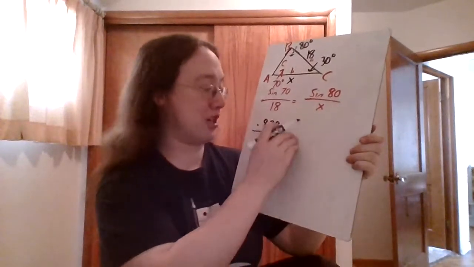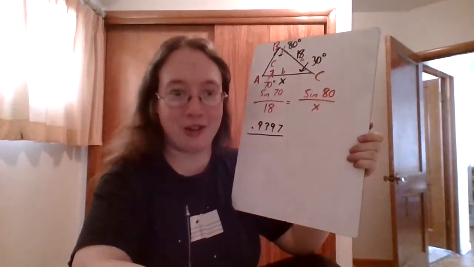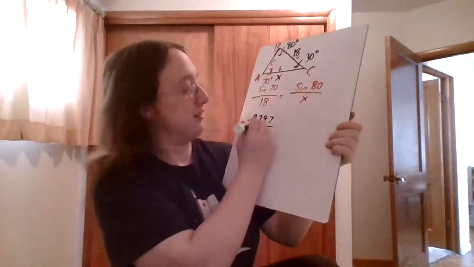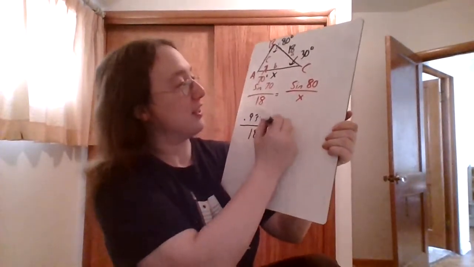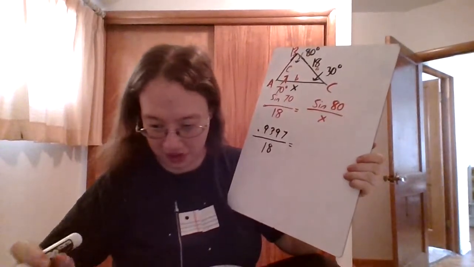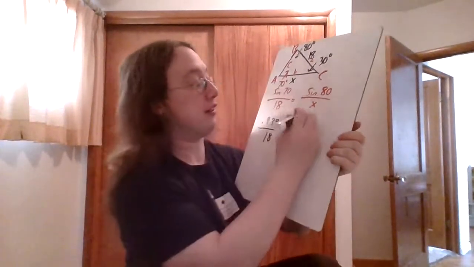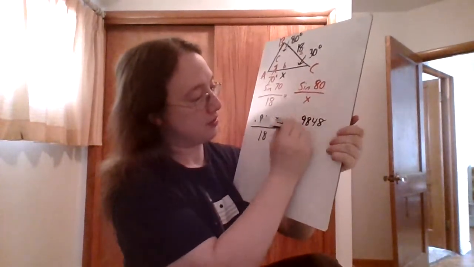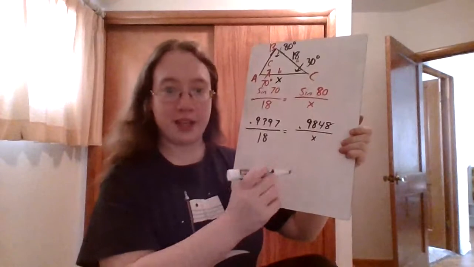Technically, the more decimal places you put on there, the more accurate your answer is going to be, but 3 or 4 is close enough. And we got 18. And we got the sine of 80, which is 0.9848, over x. Okay, and now we're just butterflying.